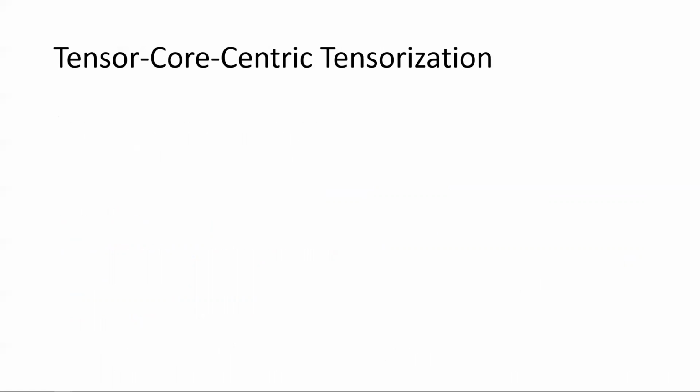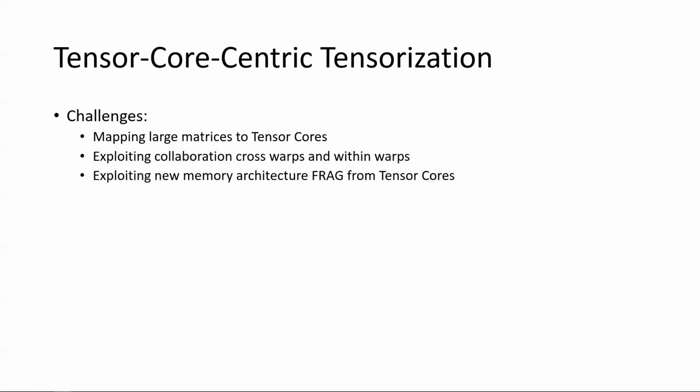So now we have our emulation algorithm design. If we want to run the workload efficiently on tensor cores, we still need some system-level optimization. Actually, we need the tensor core centric tensorization to efficiently map this workload to tensor cores. There are several challenges.